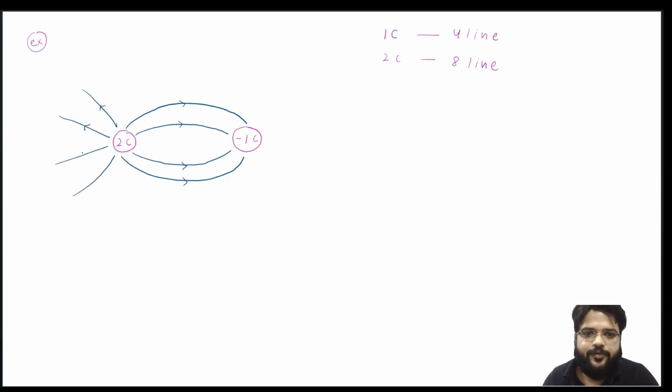Now it is correct. So we can see here, the 2 coulomb charge is generating field lines, it is 4, and the -1 coulomb charge is terminating 4 lines, correct? So this thing is happening here. Let's see the next example, everyone.